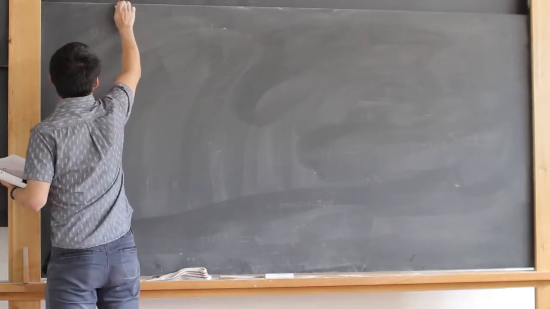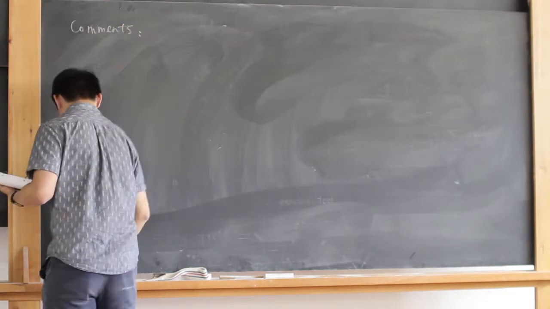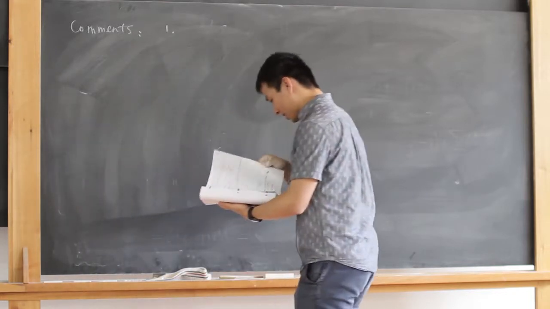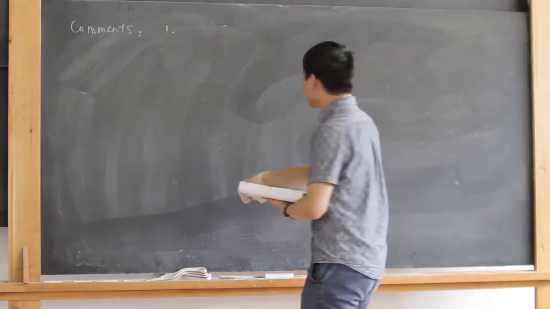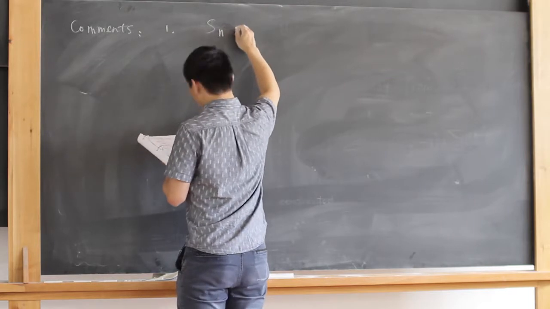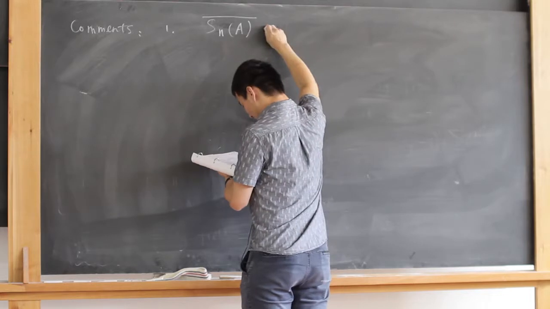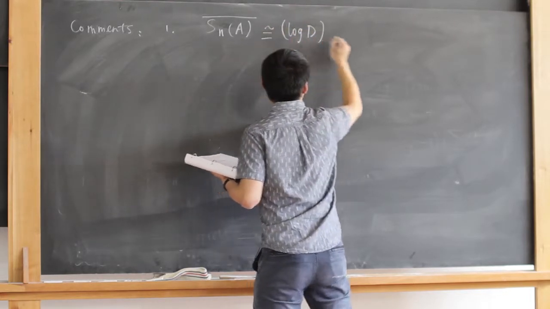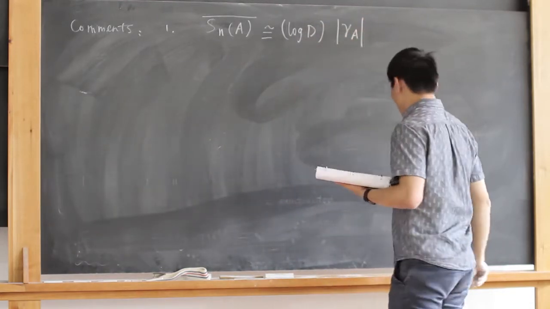So the first comment is that we can actually do the calculation for all the higher Rényi entropies. I certainly won't repeat that, but the statement is similar. We can calculate Sn and take the average, and it is also equal to log D times the size of the minimal cut.